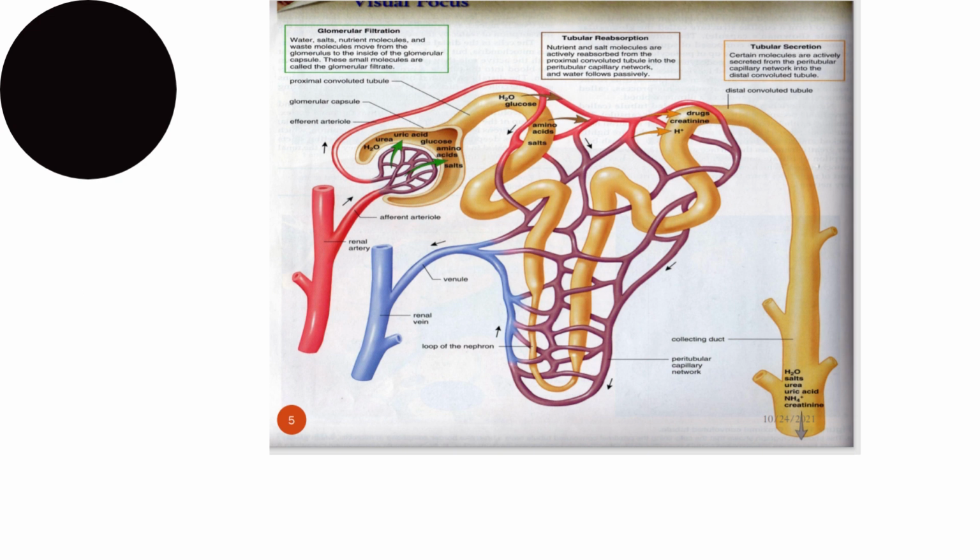As I mentioned earlier, there are three basic functions of the renal system. Satu, dia filtrate, tapis, and then berlakunya reabsorption of certain molecules, and the last one is secretion.